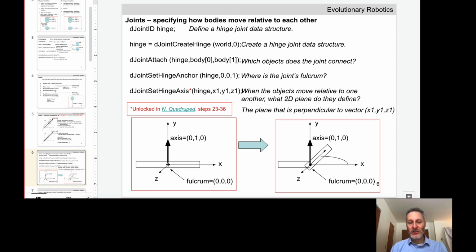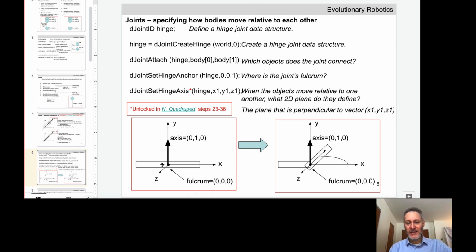And I'm defining the joint axis, or the joint normal, as x equals 0, y equals 1, z equals 0. So pointing upwards, the 2D plane that is normal to this 3D axis is the horizontal plane, the plane that sweeps through x and z, which means these two objects are going to rotate through the horizontal plane.